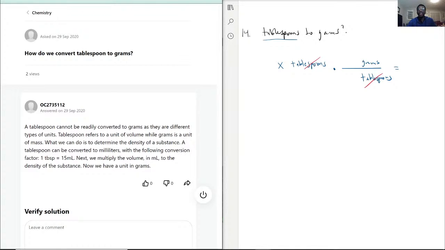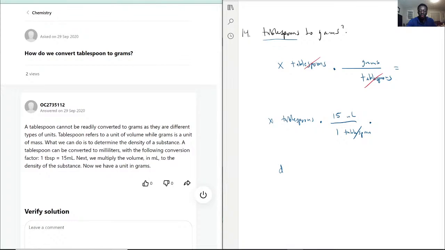And if we are going based off of that to even get to this point, what they did here is X tablespoons, and we're still canceling out the tablespoons, but now we know that there's 15 milliliters per 1 tablespoon. And now what they've done here is that they say you need the density.